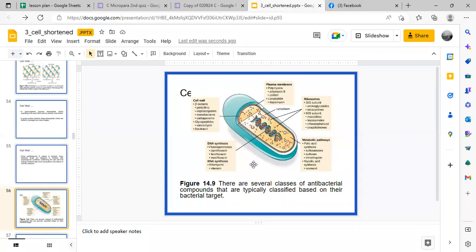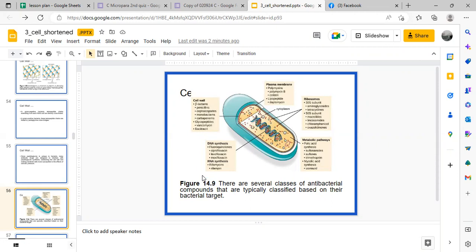Other antibiotics target, for example, DNA synthesis, like levofloxacin and moxifloxacin. These target DNA synthesis and RNA synthesis.